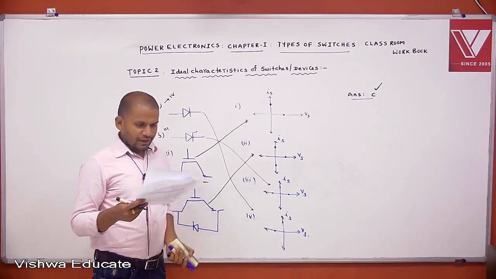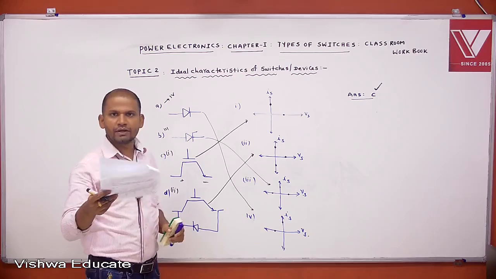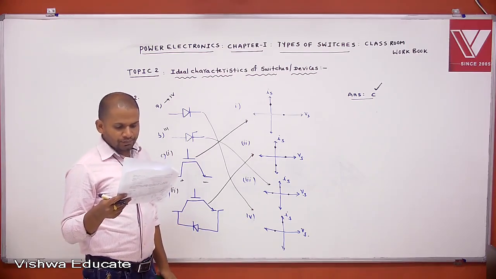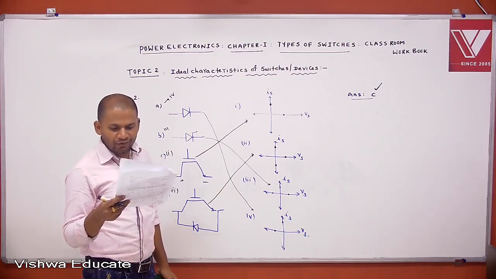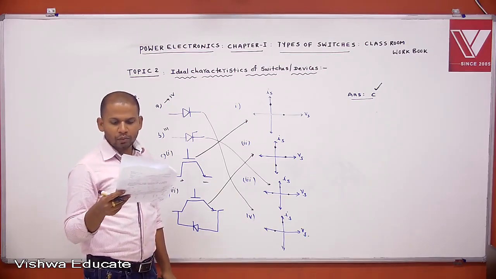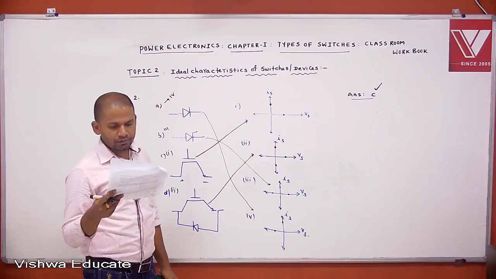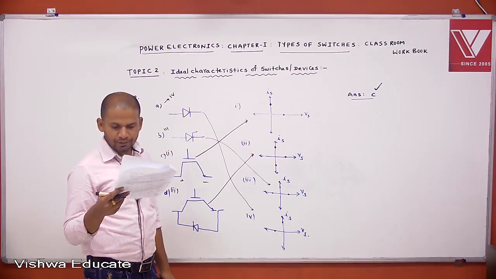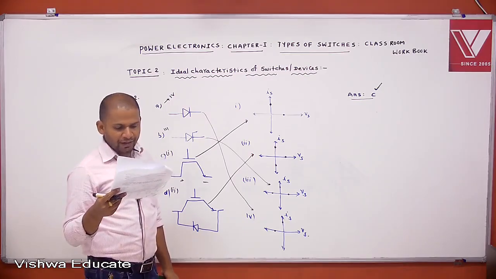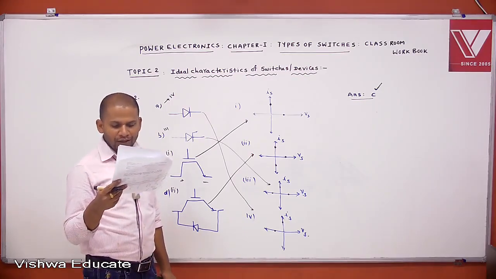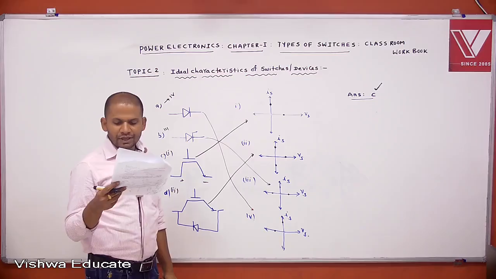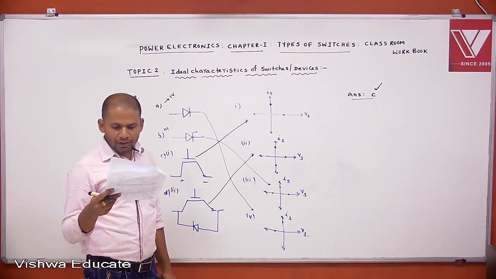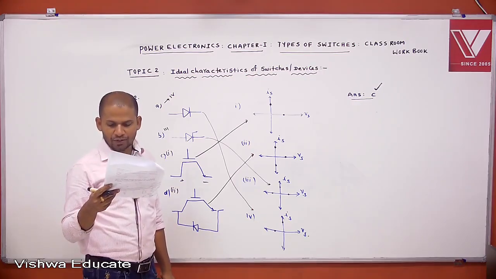Okay, in the same topic, see the third question. An electronic switch S is required to block voltage of either polarity during its off state as shown in figure A. This switch is required to conduct only in one direction in its on state as shown in figure B. Which of the following are valid realizations of the switch?